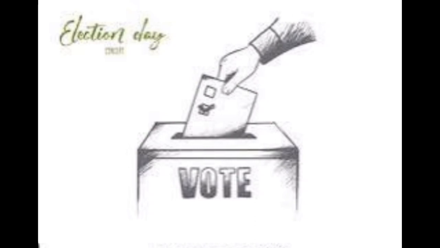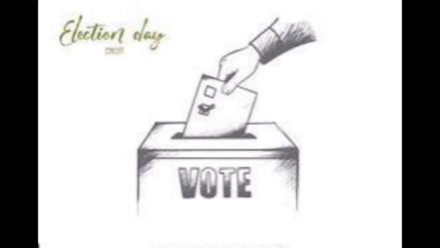In the case of EVMs, voters select their preferred candidate by pressing a button next to the candidate's name and symbol. The EVM records the vote electronically, ensuring accuracy and efficiency in the counting process. For areas where EVMs are not used, ballot papers are used, and voters mark their choice by placing a stamp or making a mark next to the candidate's name.